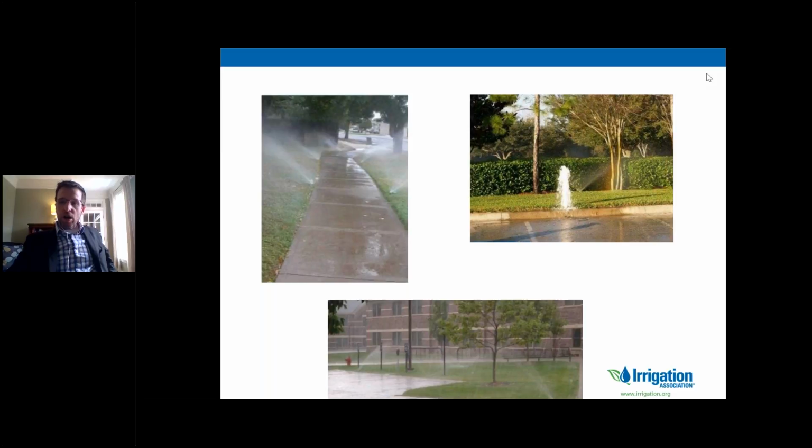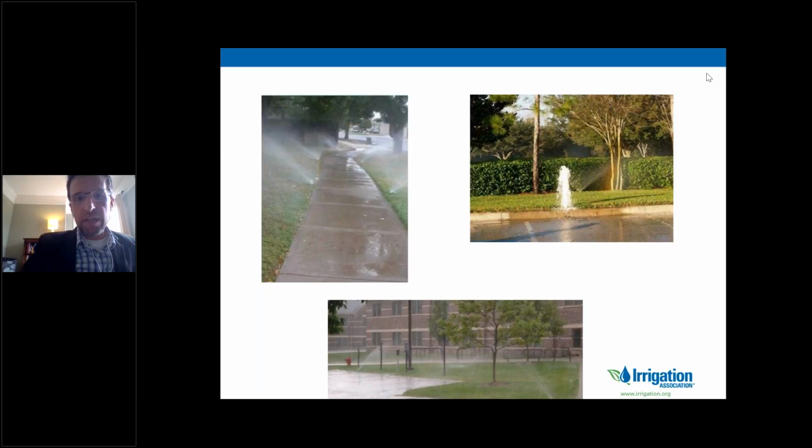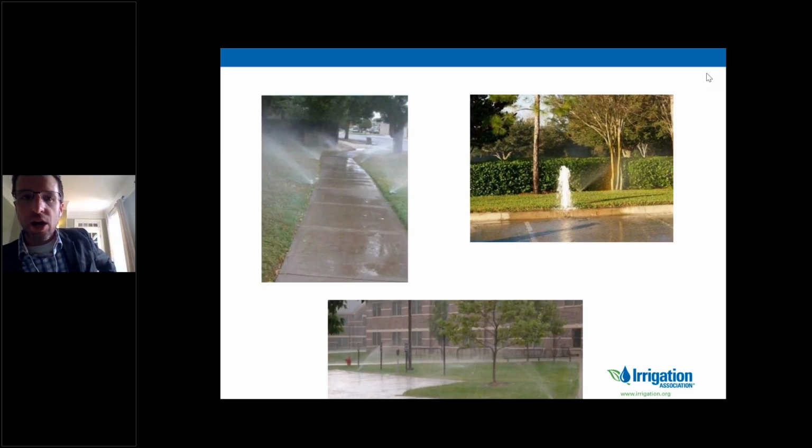I want to stick with you, Carlos, because in your opening remarks, you mentioned a holistic approach. I want to get into plant material here, because I think a lot of the regulation we're seeing is not only on technologies and access to water, but also on plant material, the kind of plants that are installed in different landscapes. As you mentioned, stormwater is a huge factor.